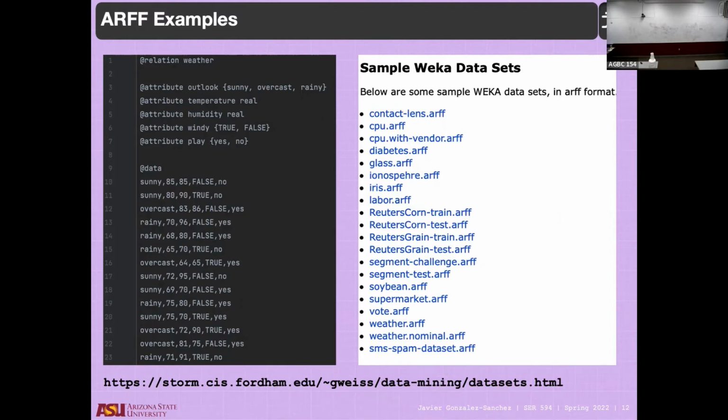This web page has a lot of data sets in this format. So if you need one, there are some there. Good? Files with this format of the data, including the weather one that later you may need. They are not the only ones. I give you the link to be sure that you have access to some of those files, but Google data sets in this format, and you're going to have a lot of them.